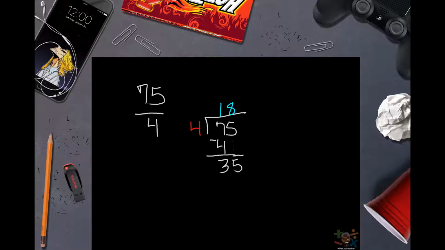Oh my gosh, you guys are so smart. I don't know who said that. Is that Timmy in the back? All right, Timmy, I see you with the brains. So 8 times 4 is 32, right? So we subtract those two numbers, 35 minus 32. 5 minus 2 is 3. 3 minus 3 is 0, so we'll leave that blank.